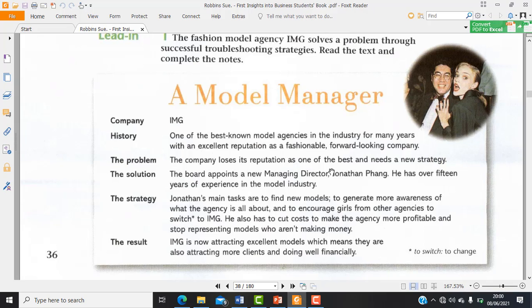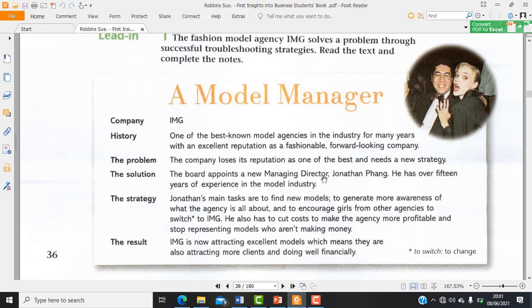The main problem karena mereka tuh kehilangan reputasinya sebagai salah satu yang terbaik dan membutuhkan strategi yang baru. Therefore, the board appoints a new managing director, Jonathan Fang. He has over 15 years of experience in the model industry. Solusinya adalah jajaran direksi itu menunjuk ya direktur manajer yang baru, Jonathan Fang, yang berpengalaman dalam bidang industri selama lebih dari 15 tahun, guys.